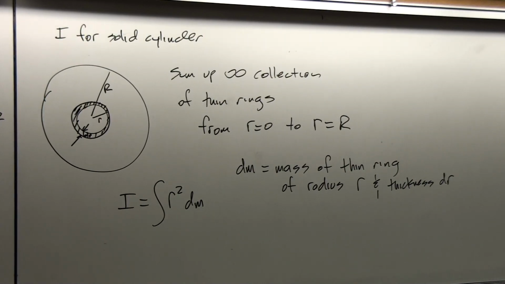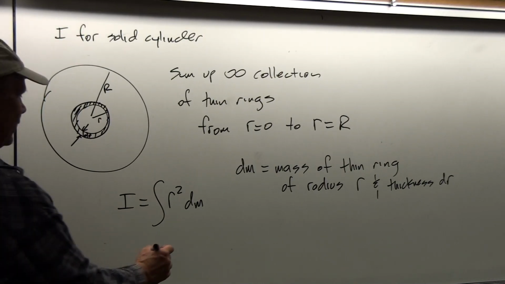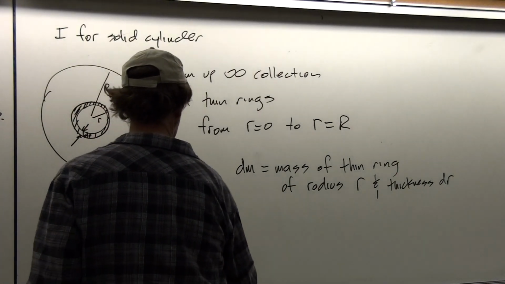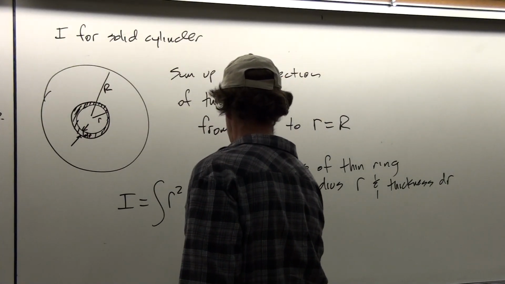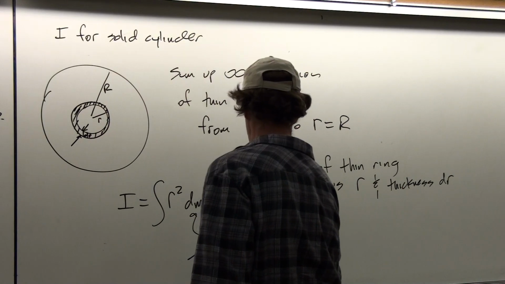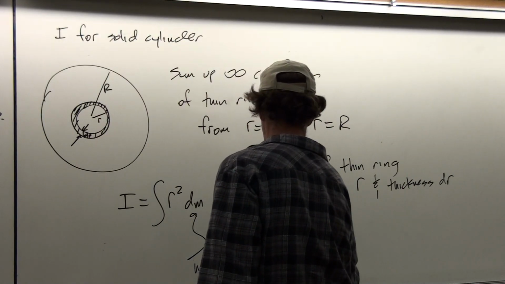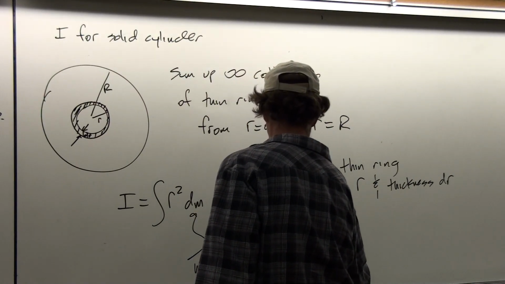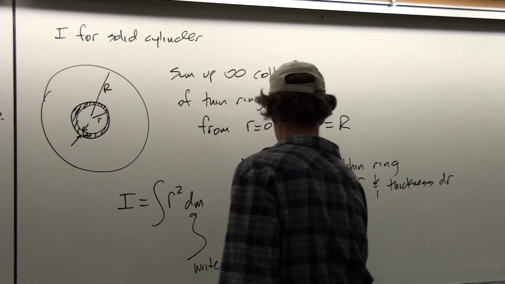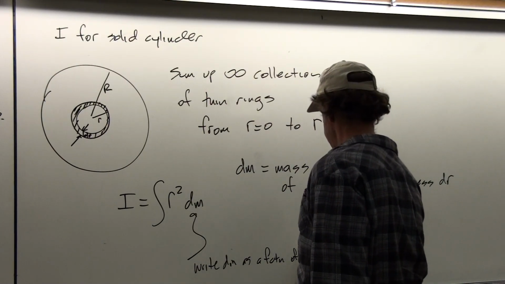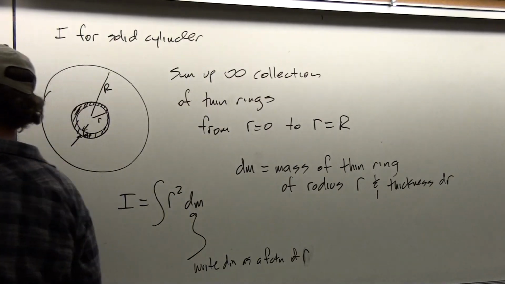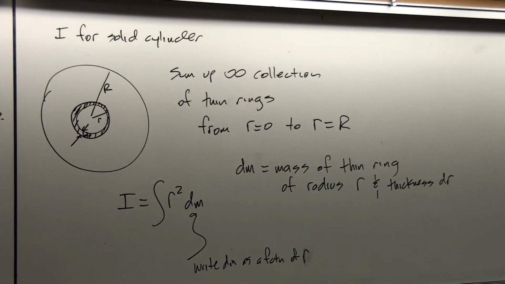And so that means that our change of variables, because we still need to write dm as a function of r, so that we can integrate. Just like we did in that previous thin rod problem.